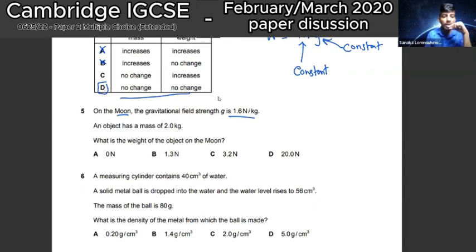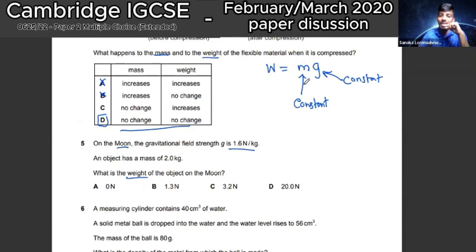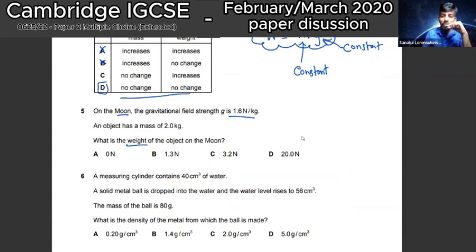An object has a mass of 2 kg. What is the weight of the object on the moon? Very easy. We already learned the equation. W equals mg. See, same equation. Then apply.